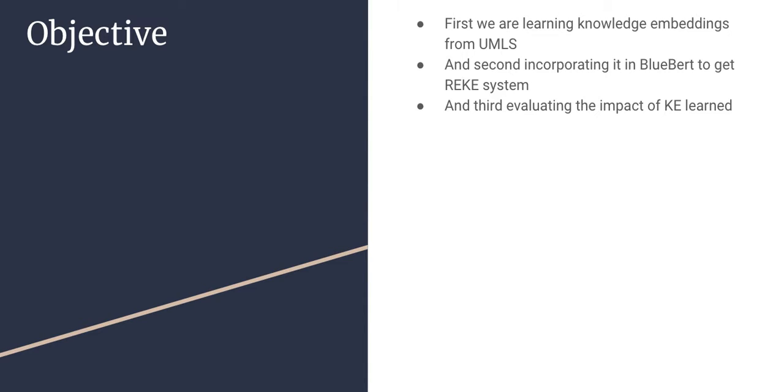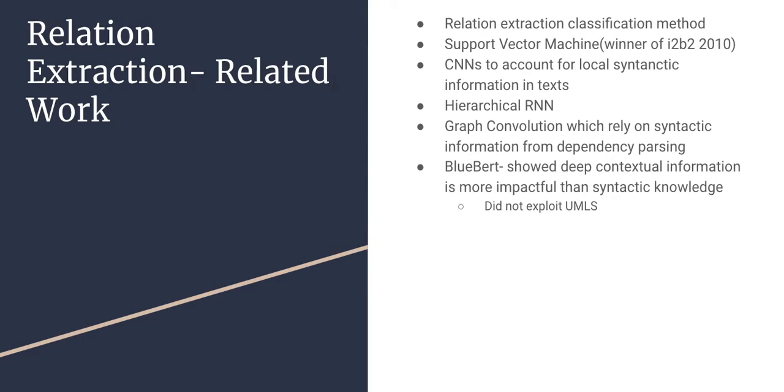Then we incorporate them in Bluebird, which is a relation extraction system, and we call this system Reiki, which is relation extraction from knowledge embedding system. And then we evaluate the impact of the learned knowledge embeddings on two diverse sets of biomedical texts.